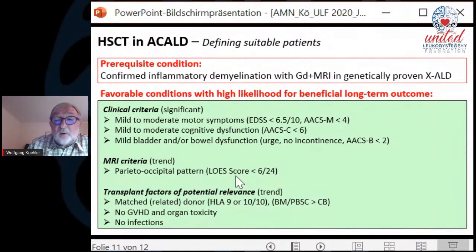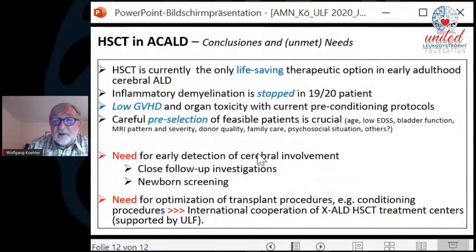There are other criteria, for example MRI criteria or transplant criteria, which also need to be looked at for long-term outcome, but I won't go into much detail about this because we need some time for the discussion. So I summarize: this treatment is really, for adult cerebral disease in an early stage, a life-saving therapeutic option.